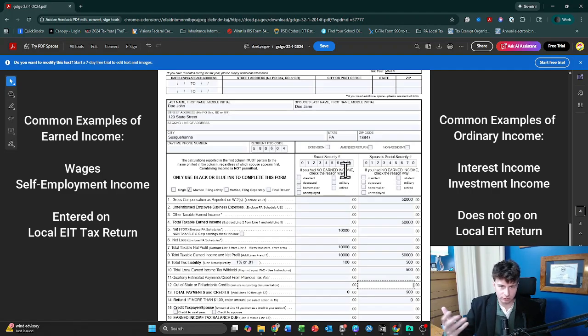Investment income isn't earned income as well. So none of that would be listed on this tax return. It's just going to be any sort of wages that you might have had and any sort of business income that you might have had. Those are mainly the two dominant incomes that you're going to see on this return. And it actually shows you that. You have your business income right here with the net profit, net loss, and then you have your W-2 wages. Other than that, there's not too much else to enter onto this return.